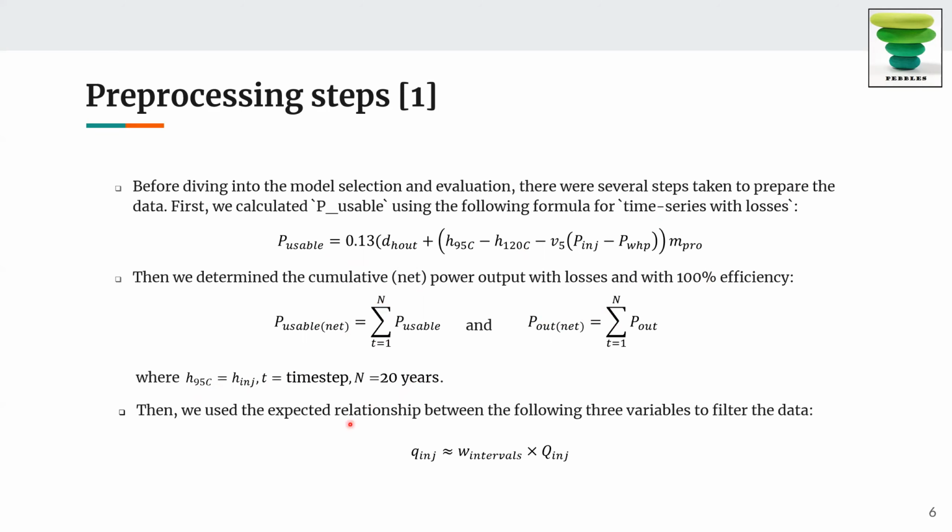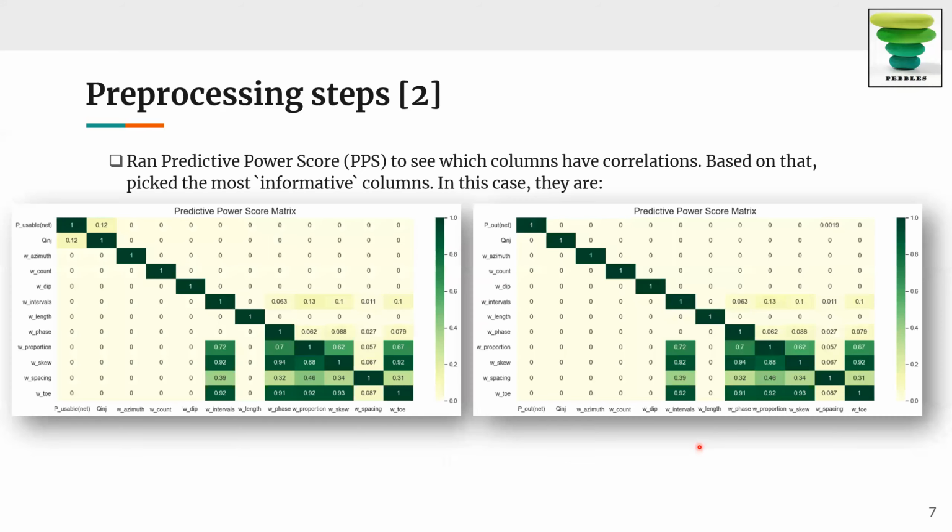Then we applied the expected or ideal relationship between the following three variables in order to filter the data for further usage. Afterwards, we applied a predictive power score analysis, which is a powerful analysis and usually preferred to the correlation matrix.